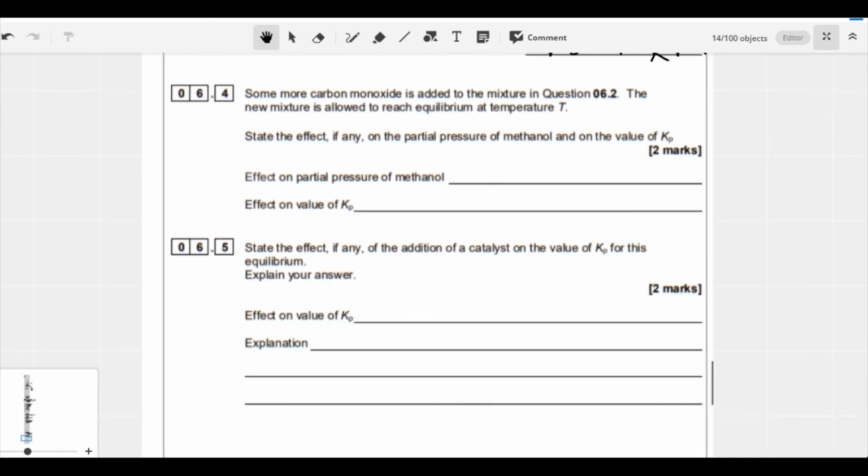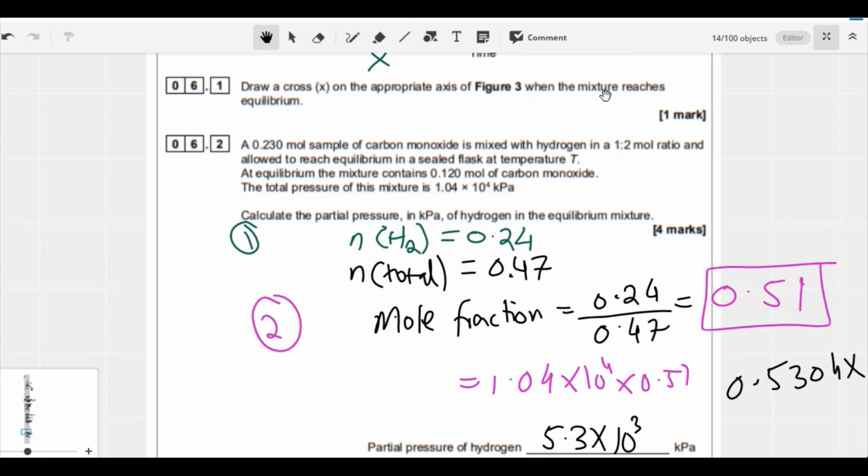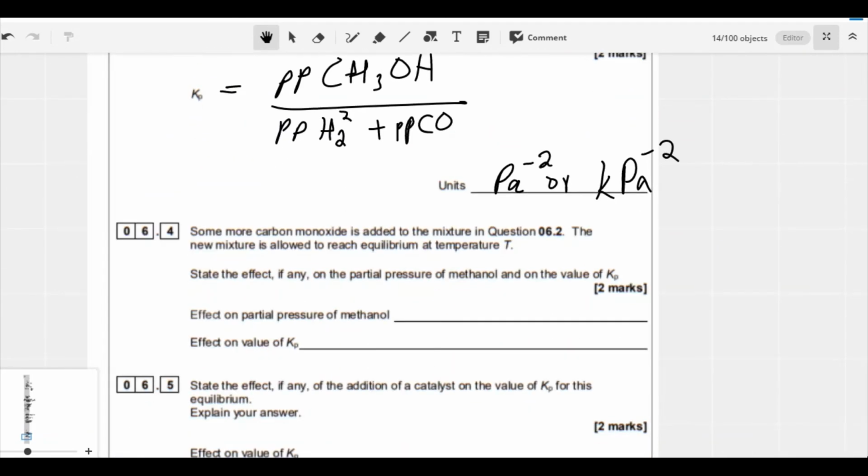Question 6.4: some more carbon monoxide is added to the mixture in question 6.2. The new mixture is allowed to reach equilibrium at temperature T. State the effect, if any, on the partial pressure of methanol and on the value of Kp.